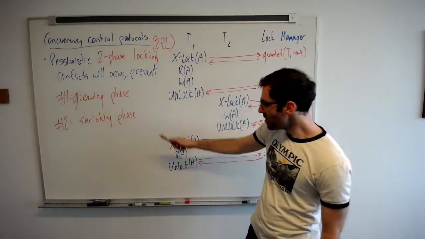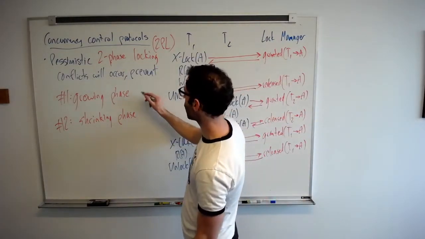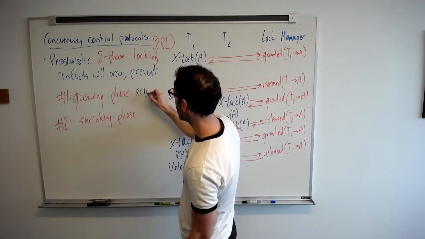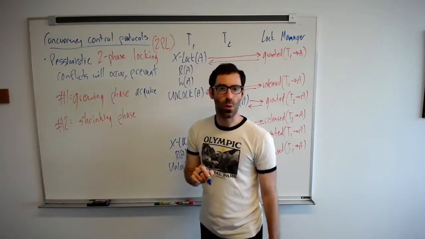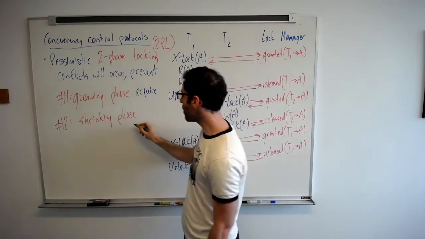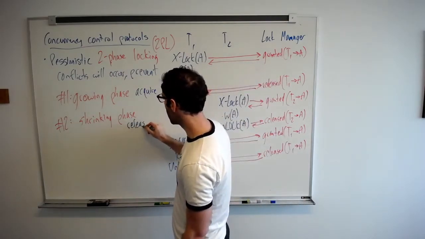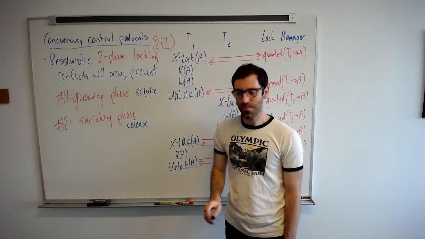And what this means is during the growing phase, we can only acquire locks, and during the shrinking phase, we can only release locks.